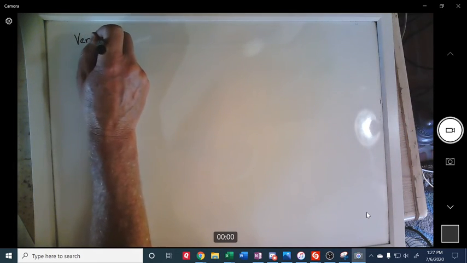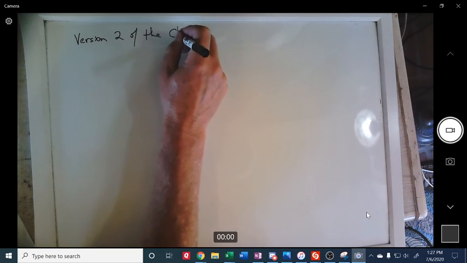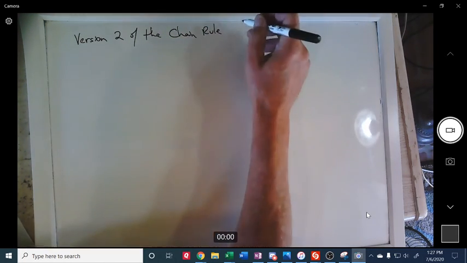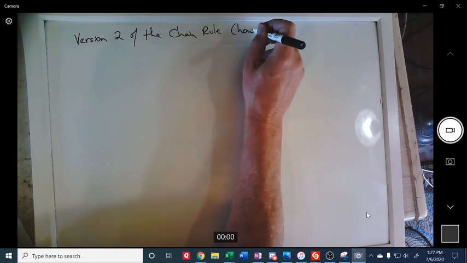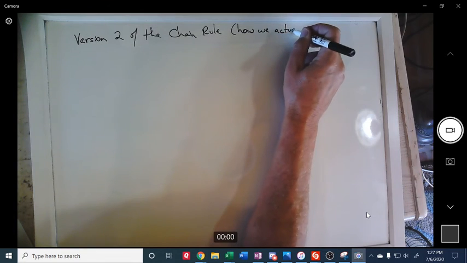So we'll call this version 2 of the chain rule. And this is how we actually use it.